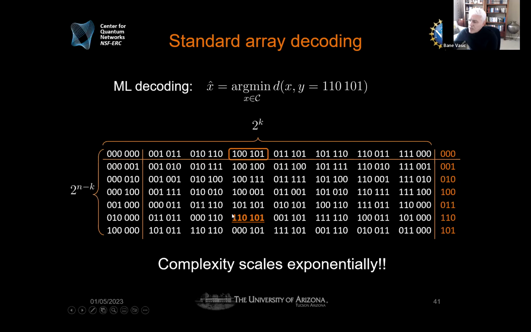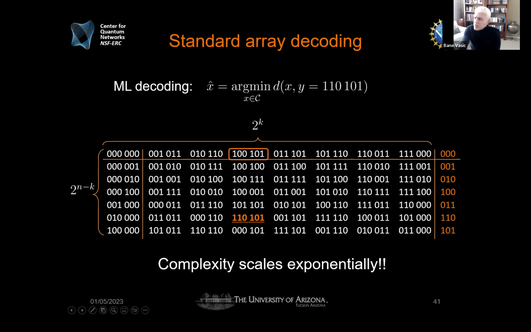Obviously, this is not a code word, but I can look into the standard array and find the code word that is closest to this received vector. You can see that in the standard array, all these vectors are closer to this code word than to any other code word, and all these vectors are closer to this other code word than to any other code word. So vectors in the columns are closest.